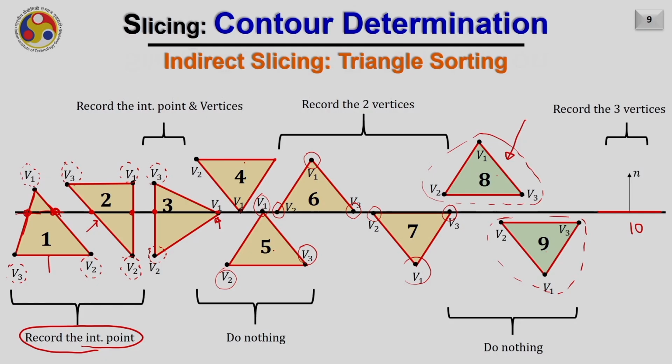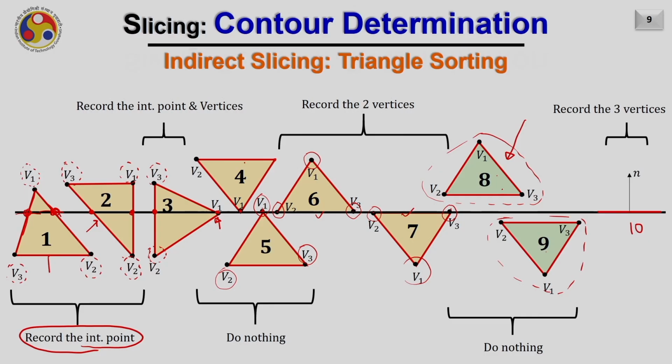The fourth and fifth cases we really need not store, because in these cases only one vertex is on the plane, and hence this data is redundant, because definitely there will be a triangle nearby that will give us the useful information. For cases 6 and 7, we need to store just the two vertices that are exactly lying on the slicing plane.